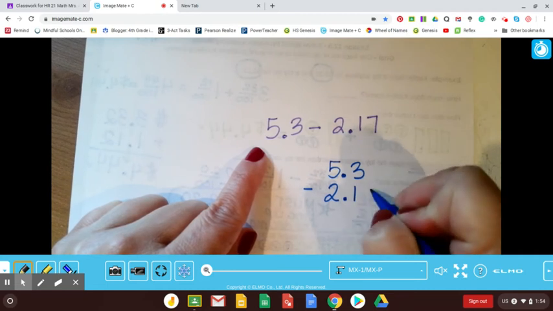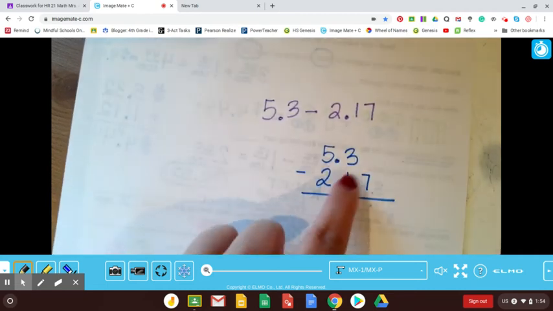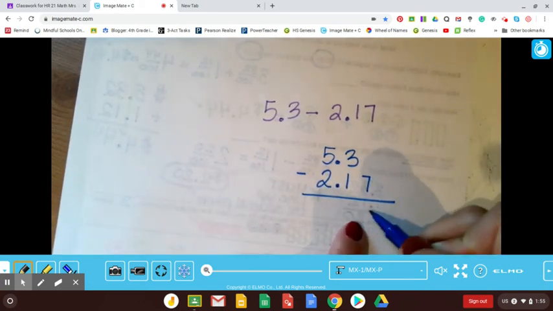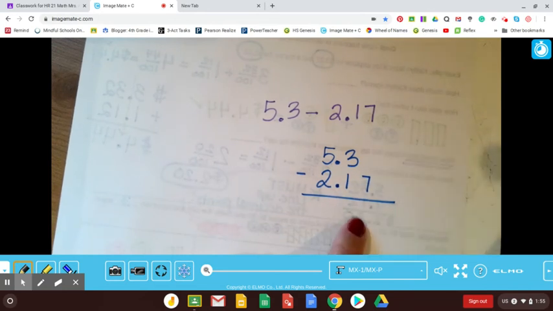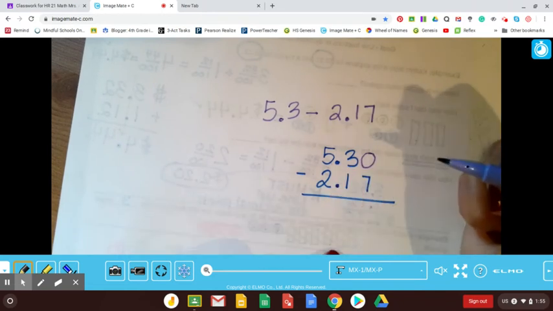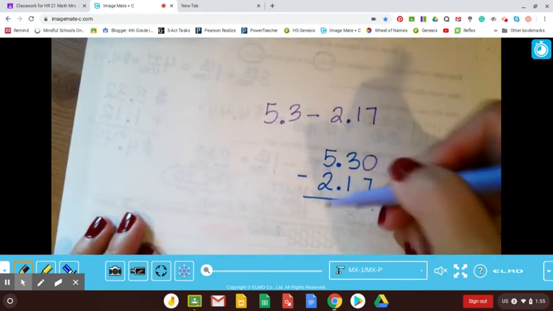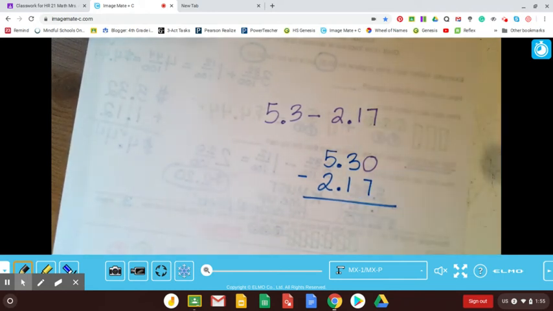We want to make sure those decimal points are super duper lined up. So that's what it would look like. But wait, most of us, our first instinct would just be to put a 7 down here, but that would not be correct. What we need to do is fill this place value spot with a 0. I like to just make it all nice and even. So we have twins for each of our place value positions.